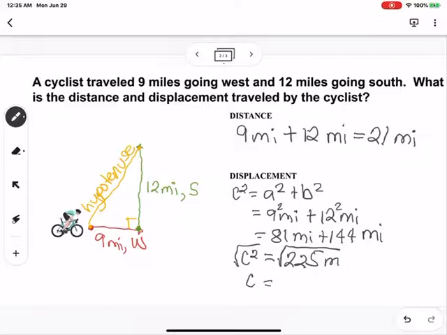The square root of 225 miles is going to give you 15 miles. And looking at your illustration, the direction is southwest. So that is your displacement, 15 miles southwest.